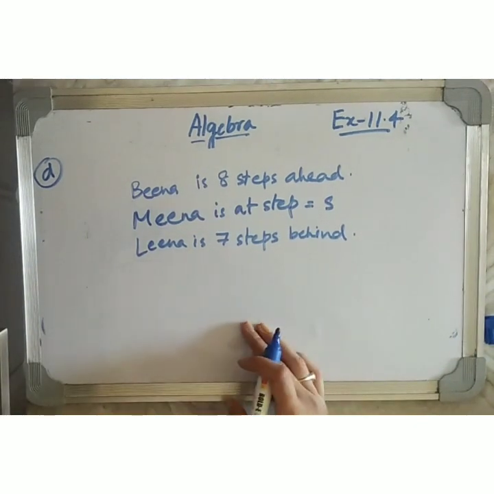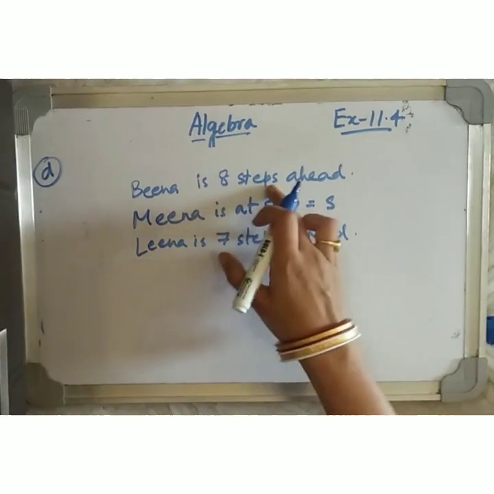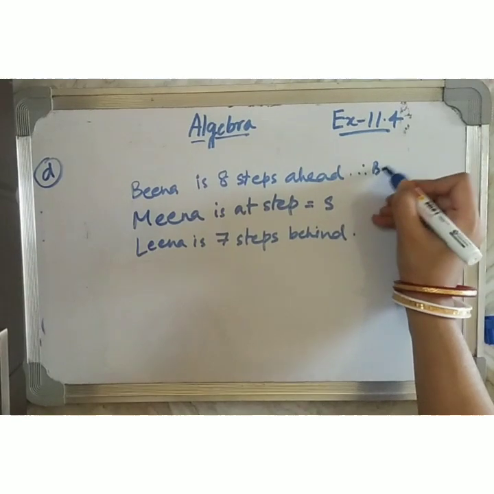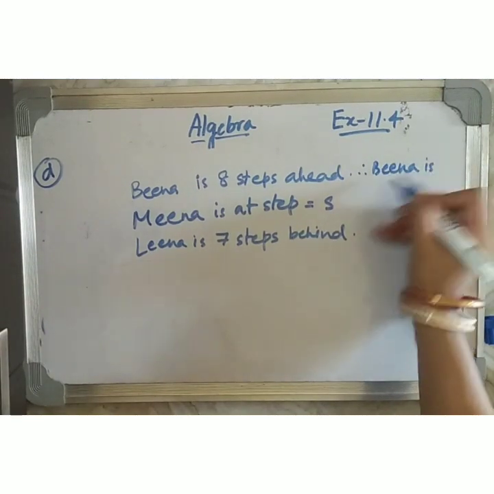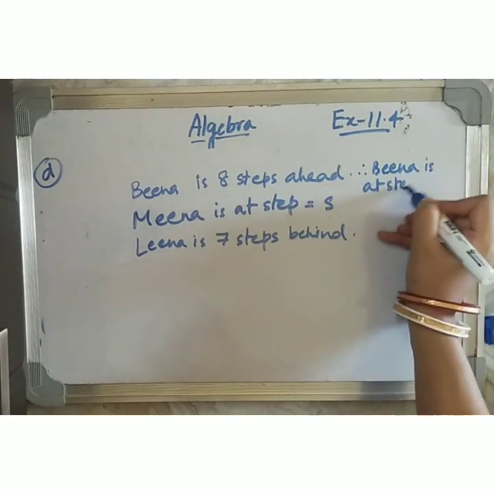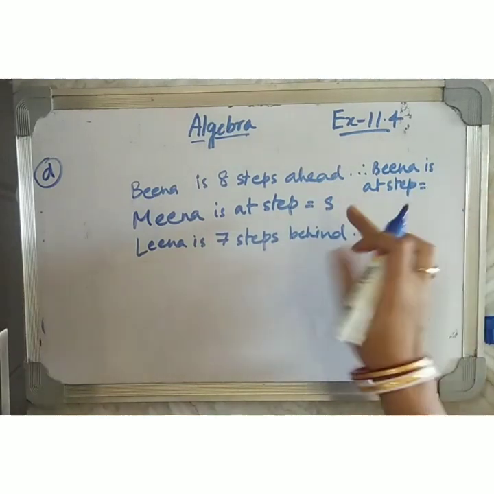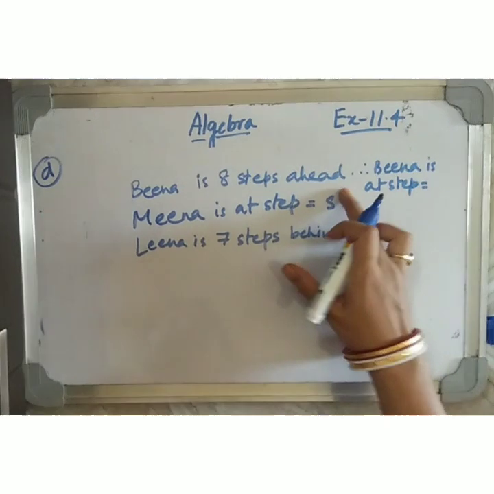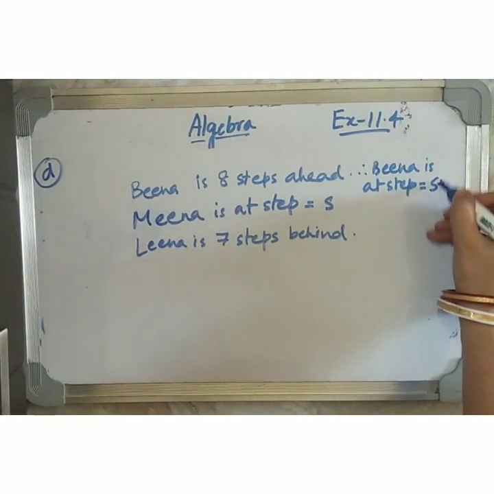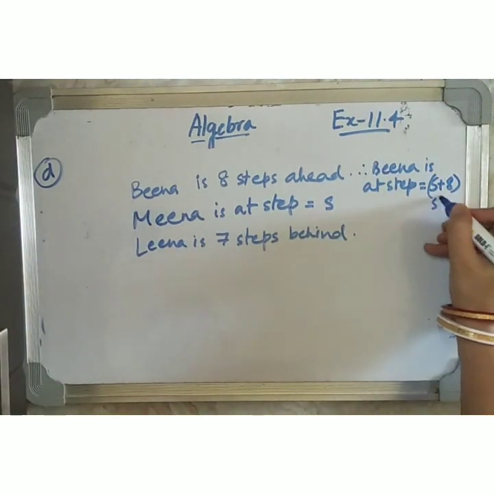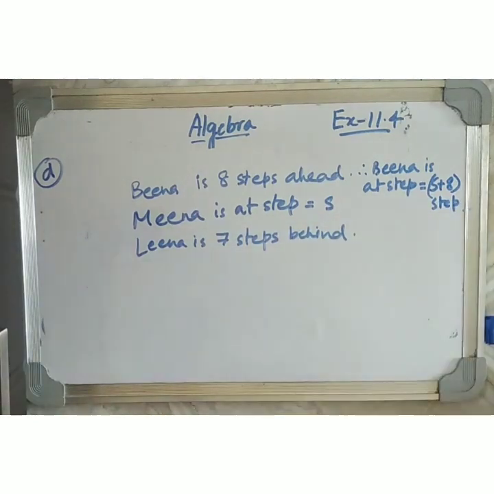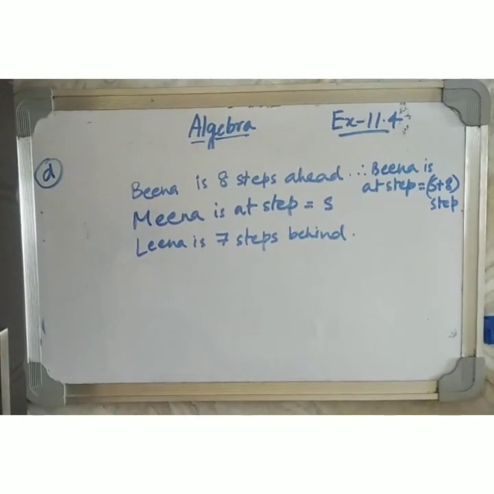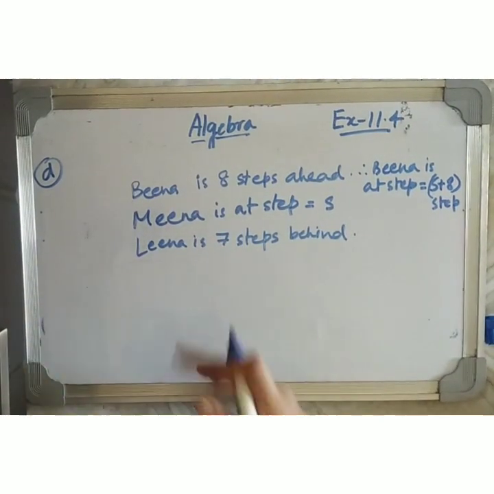Okay, now in the question it is written, where are Beena and Leena? Okay, as Beena is 8 steps ahead, therefore Beena is at step S plus 8, because S was the step of Meena and Beena is 8 steps ahead of it. Beena is ahead of Meena and Leena is behind Meena.